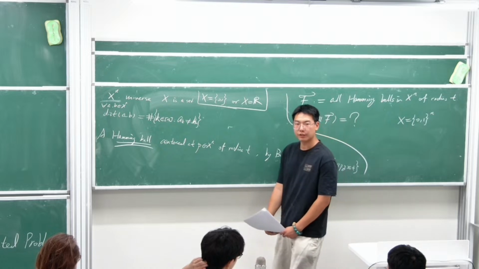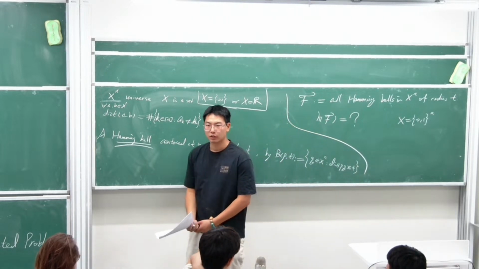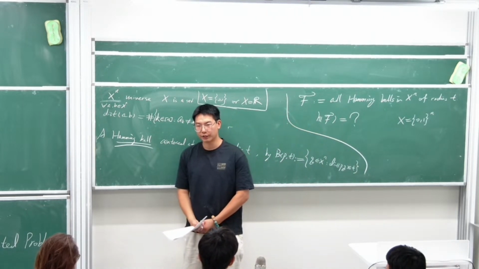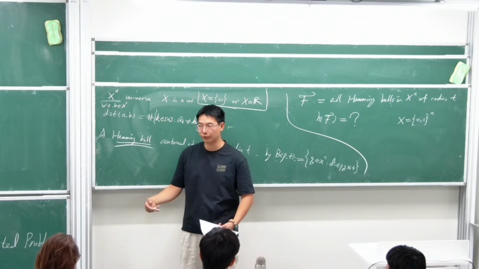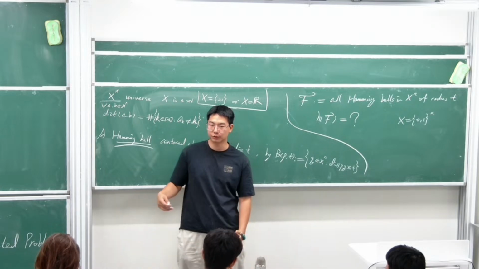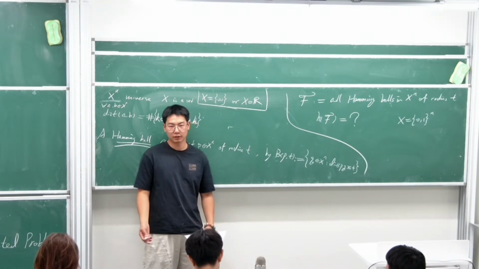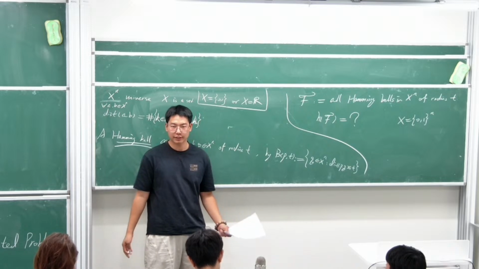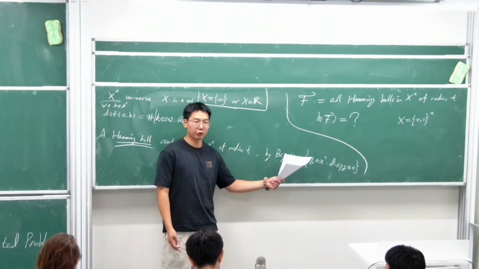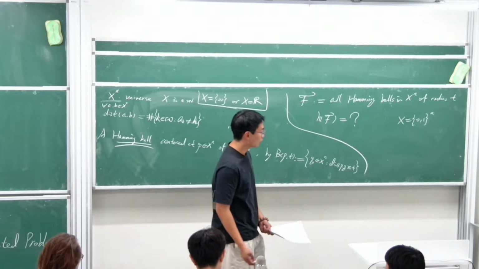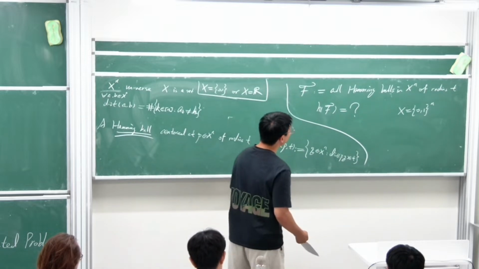I think in recent years there have been quite some results in machine learning theory that use some certain Helly number to classify the learnability of some learning classes. And this is one of the examples. Although it's a toy example, it's still some connection.